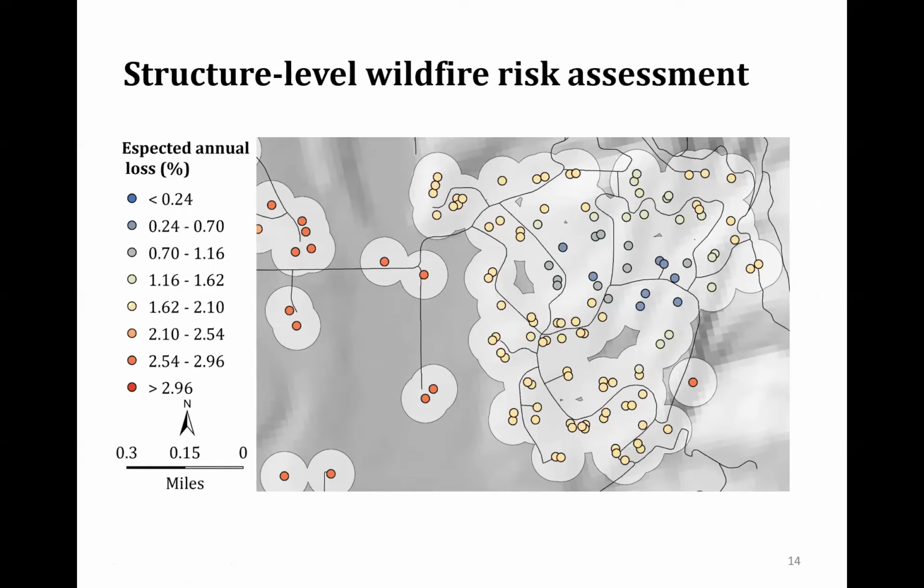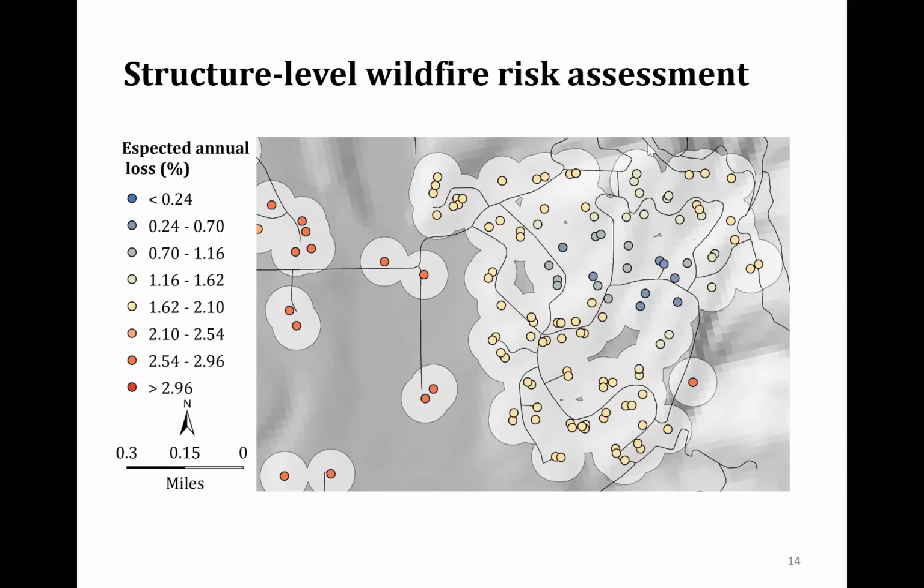And we have a really interesting pattern here. We were expecting this: the lower loss is in the core, where the road density is higher, where the burn probability is lower, where the structure density is higher, and the hazardous fuels cover is lower too.